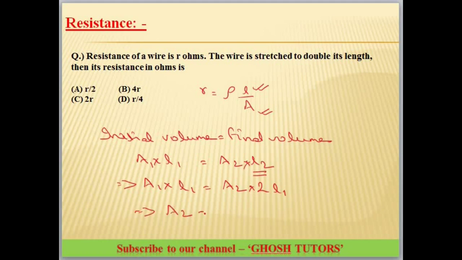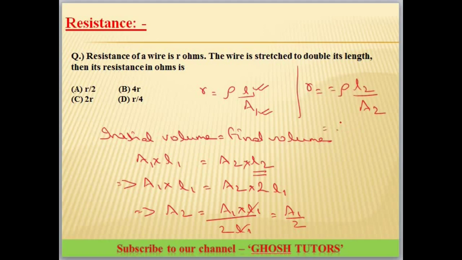What will be your A2? A2 will be equal to A1 into L1 by 2L1. L1 will cancel. So A1 by 2. Now what will be your R2? R2 will be equal to rho L2 by A2. It means rho into 2 L1 by A1 by 2.